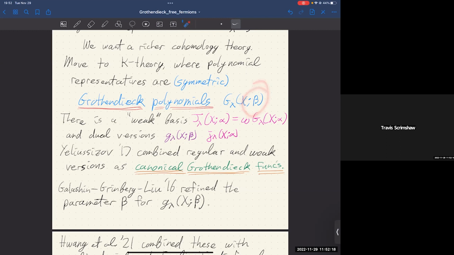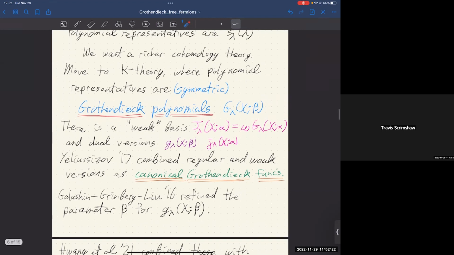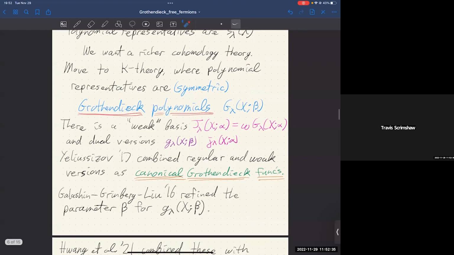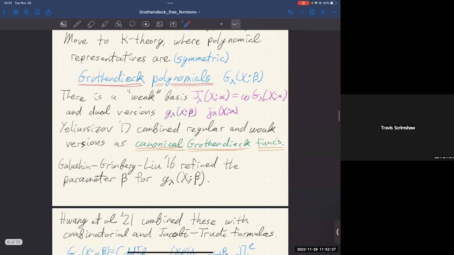Now, this parameter beta here, I've not said where it comes from, but right now it's going to be a single parameter because I actually want to take the connective K-theory, and it's the beta parameter from that. But it's telling us something about how far the Grothendieck polynomial is from a Schur function, basically.